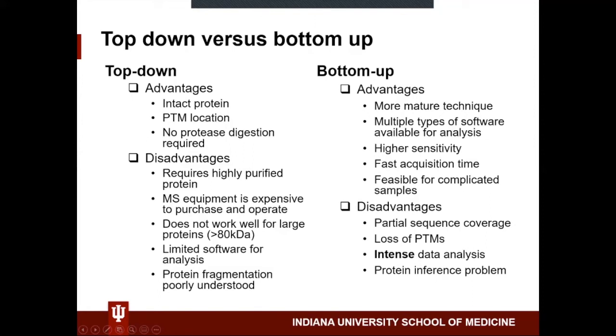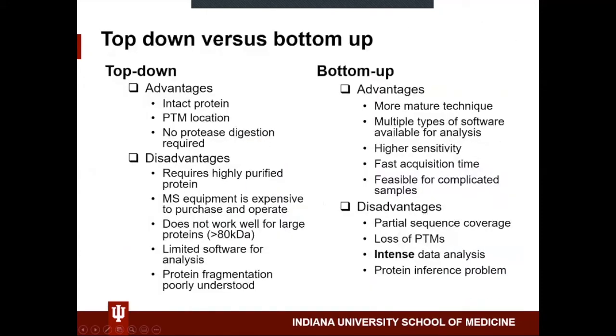Mass spectrometry is a data-driven technique, and the protein inference problem is determining whether a peptide goes to a peptide with homologous sequence in multiple proteins, which protein can that peptide be assigned to? And we'll talk about that a little bit later too.